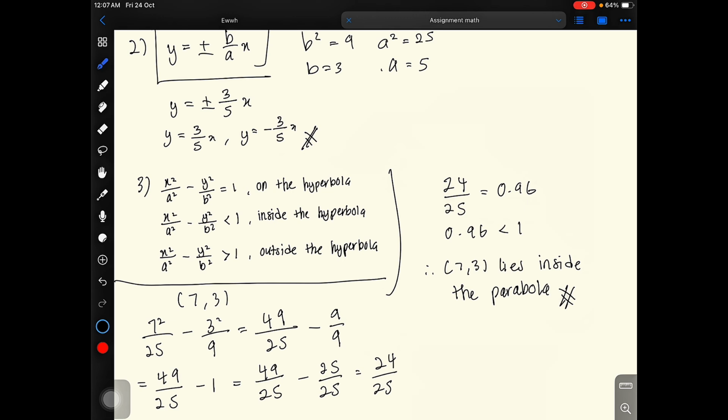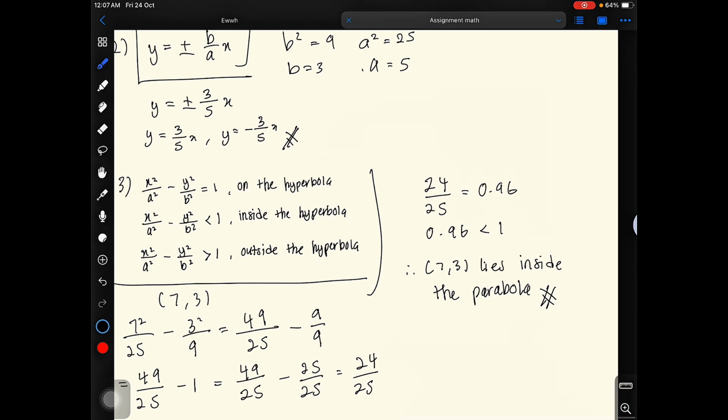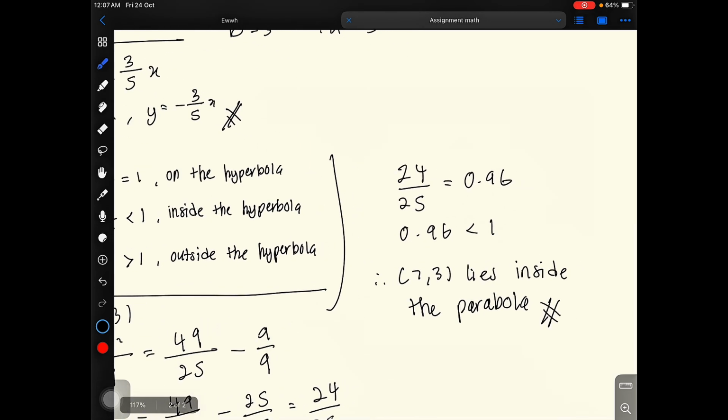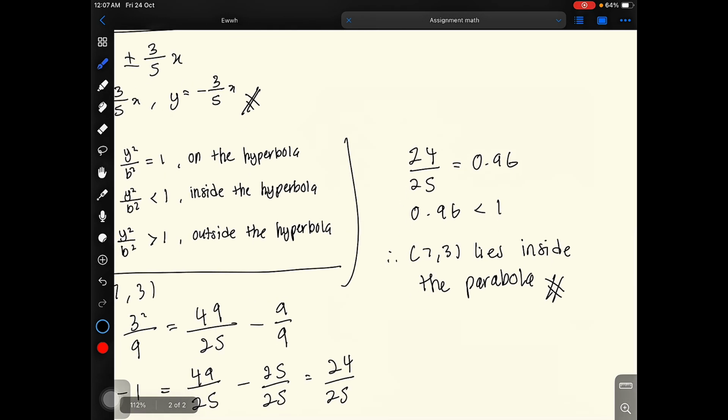Then 49 over 25 minus 25 over 25, because we need to equalize the denominators, and we got 24 over 25. 24 over 25 is equal to 0.96. 0.96 is less than 1. So, lastly, the answer is that (7, 3) lies inside the hyperbola.